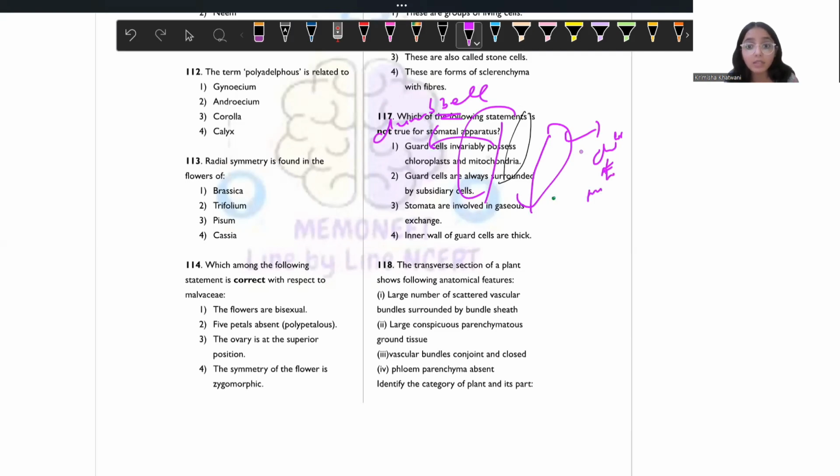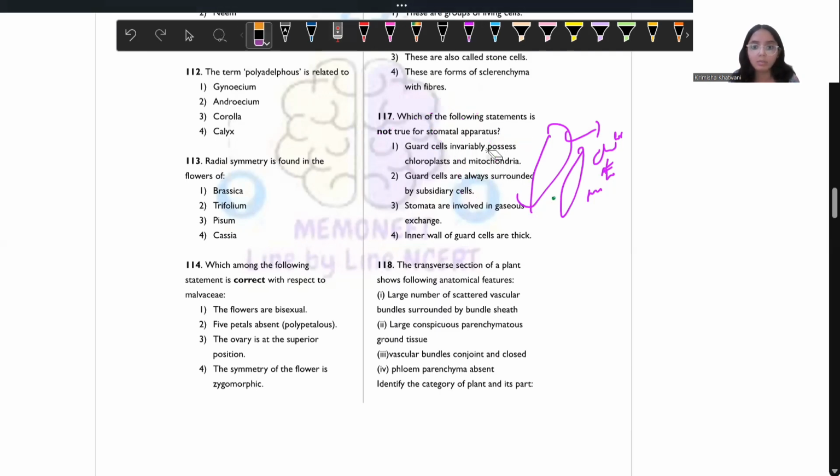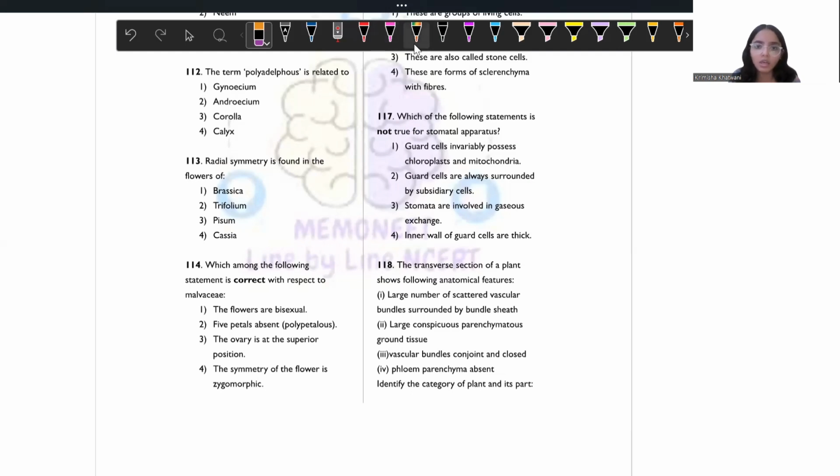They are surrounded by subsidiary cells. And the stomata is primarily involved in gaseous exchange. It exchanges oxygen with carbon dioxide. Understood. So option 4 is incorrect because the inner wall of the guard cell is thin. It's not thick. Understood.